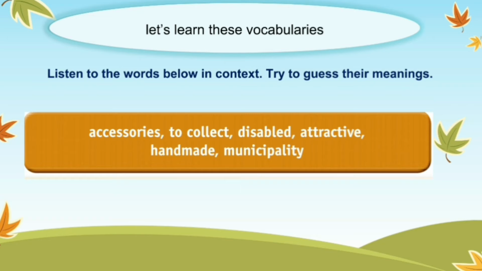I began to collect books 20 years ago, and now I have over 1,000 of them. 3. The building had no stairs so that disabled people could enter in their wheelchairs. 4. They put the most attractive clothes in the shop window so that people would go into the shop.